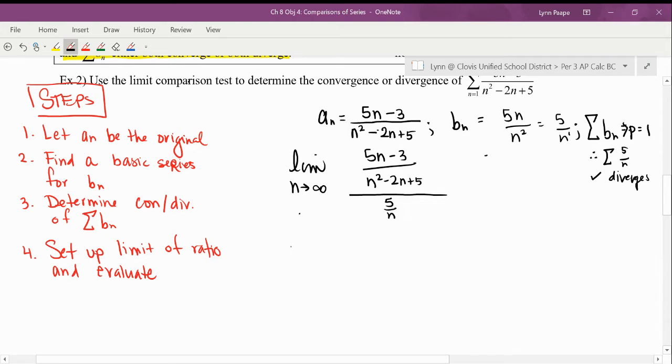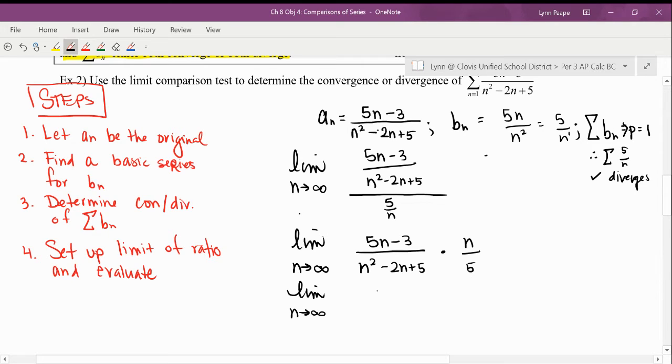So instead of dividing by that fraction, I'm going to multiply by the reciprocal. And then go ahead and distribute the 5.